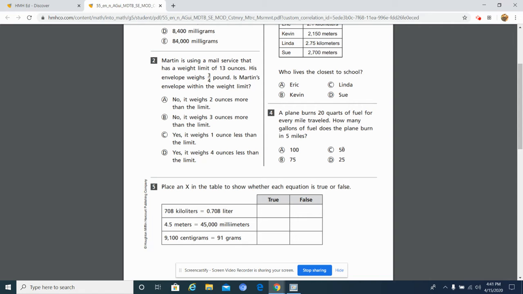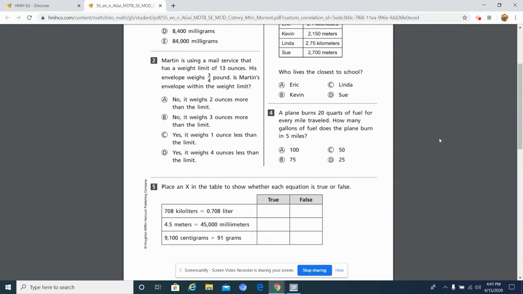Okay, a plane burns 20 quarts of fuel for every mile traveled. How many gallons of fuel does the plane burn in 5 miles? Okay, so first thing, for every mile, it burns 20 quarts of fuel. So when we have to find out the 5 miles, what are we going to do first?